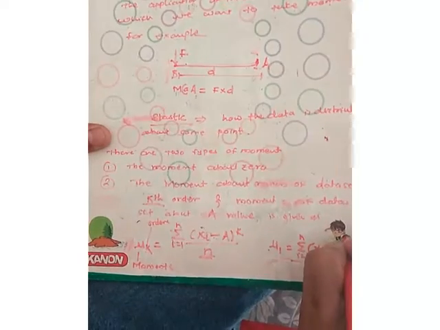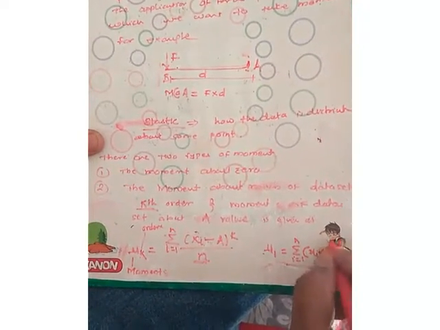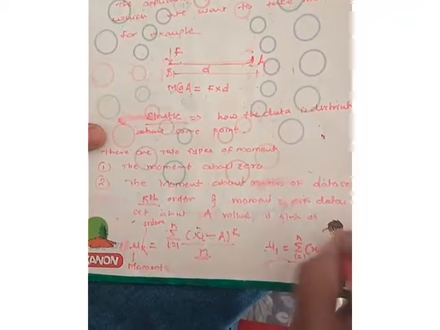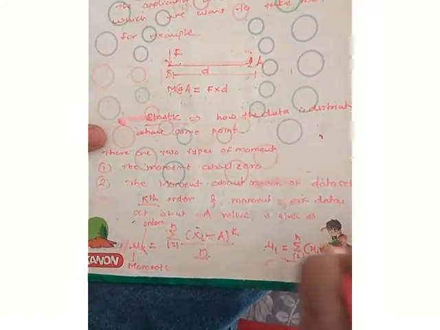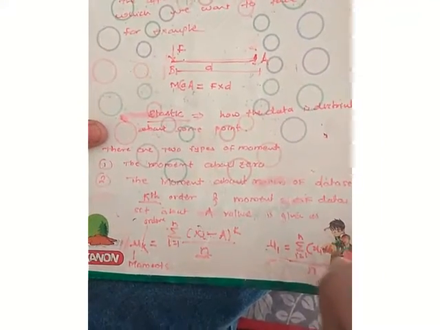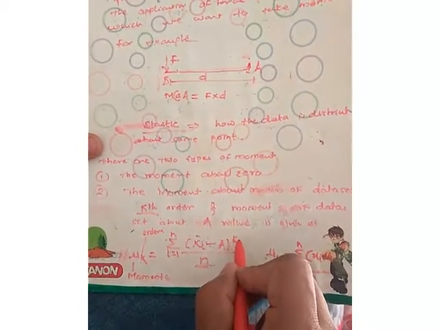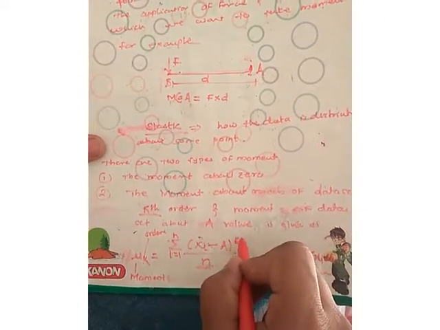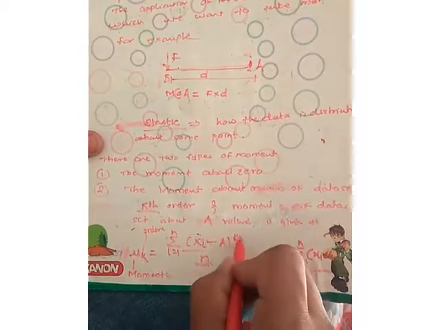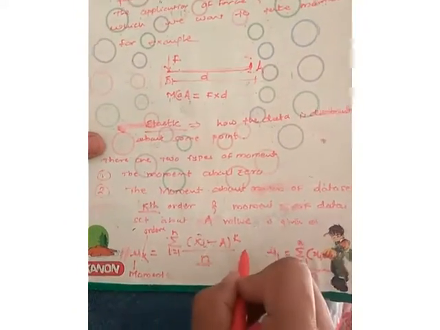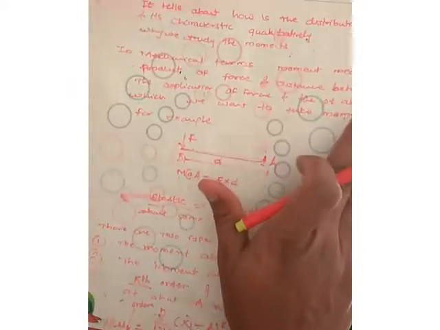Sorry, it is difficult to show, as I'm writing on this picture so it may not be seen clearly. The power will be 1 for the first order, 2 for the second order, and 3 for the third order. I'm going to rub this out to explain the next thing.